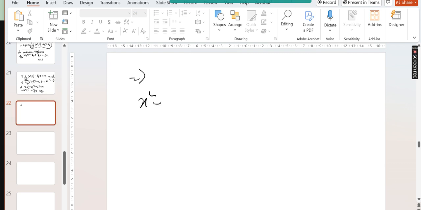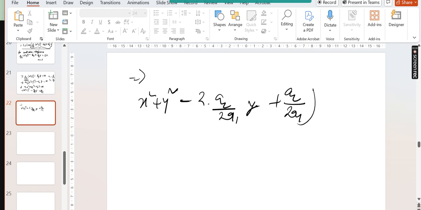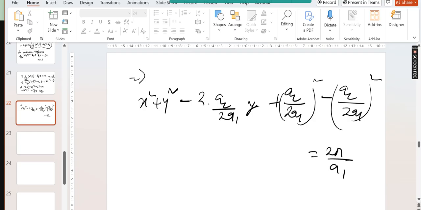Again, x square plus y square minus 2 into a2 by 2a1 y plus a2 by 2a1 whole square minus a2 by 2a1 whole square equal to 2 pi by a1.